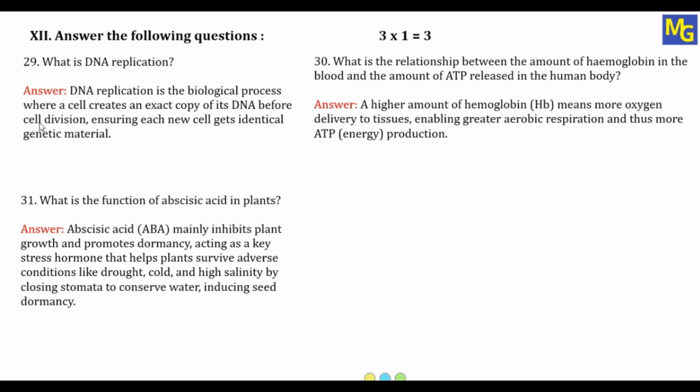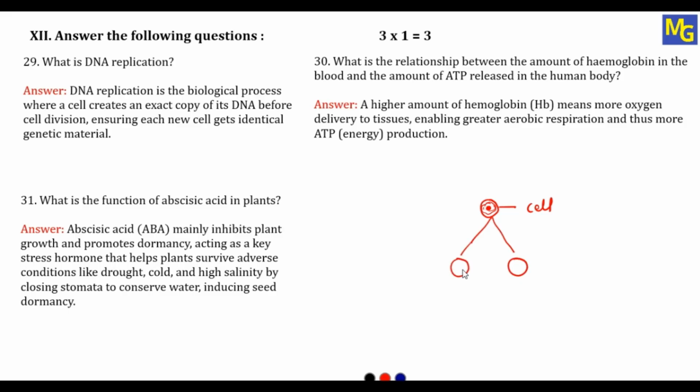So we know there are two types of cell division, mitosis and meiosis. Whenever this cell division takes place, one cell will divide to give two cells. If we see mitosis, there will be one cell. This cell will have a nucleus at the center, then all the cell organelles, everything. This cell, after maturation, divides and gives two daughter cells like this.